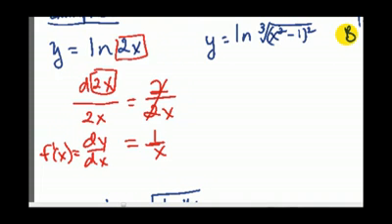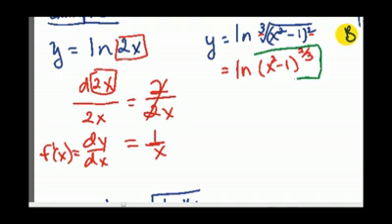Here we have a little bit more going on, so I'm going to do algebra to first rewrite it as ln of x squared minus 1, to the 2 over 3. Now if I did it as is, when I take the D box, the box being this right here, you should be able to notice that this is going to be a chain rule because of these two things there.